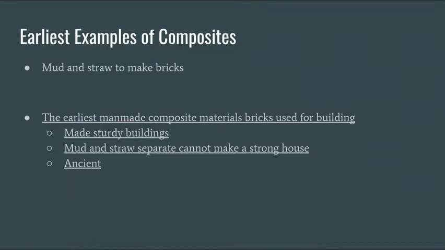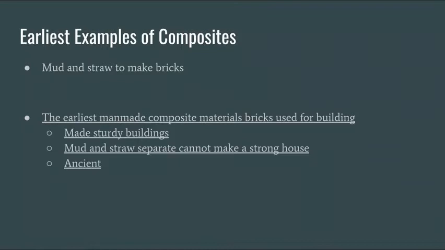So at first, people tried to put mud together to build a house, and then they tried to build a house with straw and realized these things by themselves don't really work and make a sturdy building.